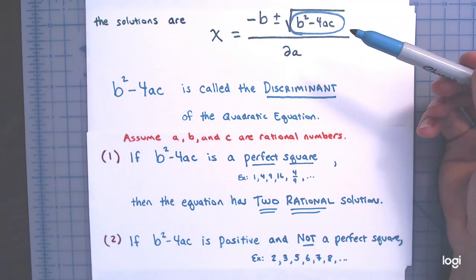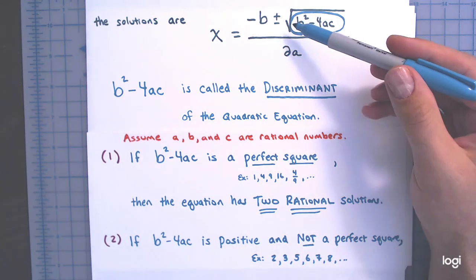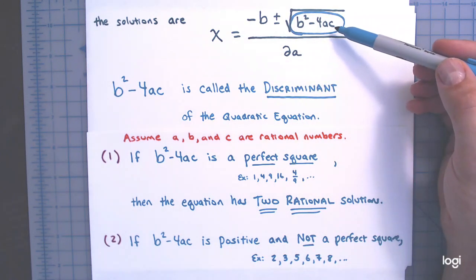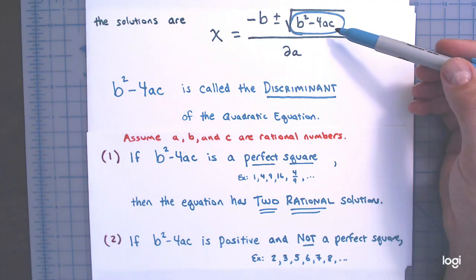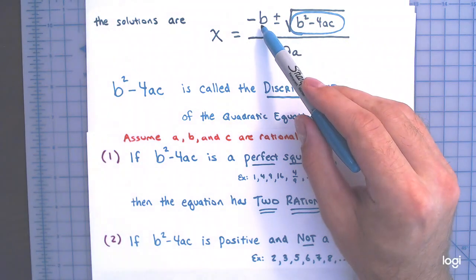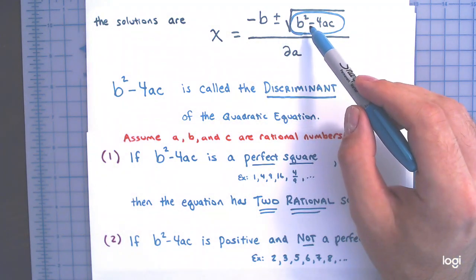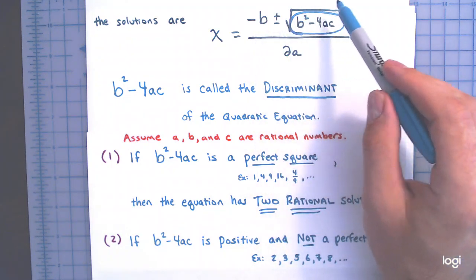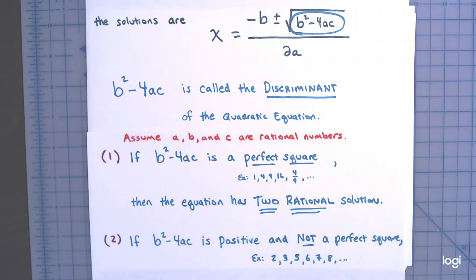I put out a video a while back now. If you're taking the square root of a non-negative or a positive not perfect square, that number is going to be irrational. Okay, so I'd have negative b plus some irrational number over 2a, and negative b minus some irrational number over 2a.